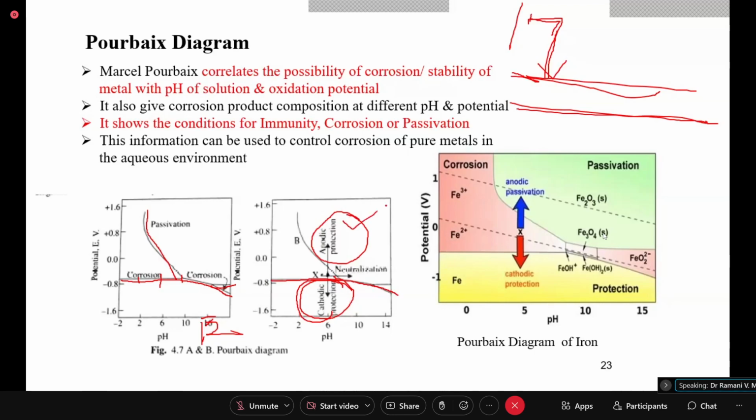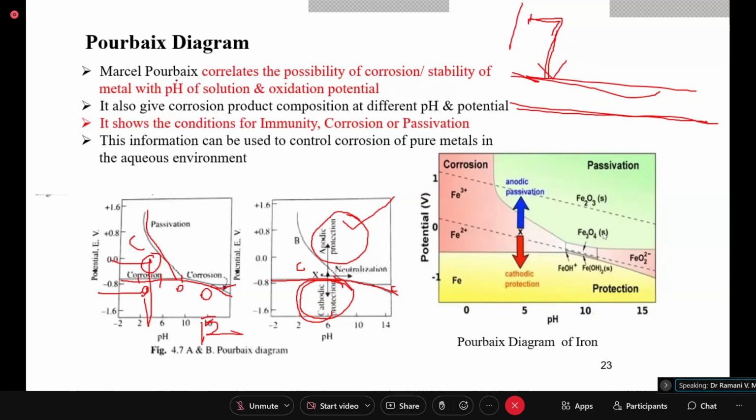This is the anodic protection part, and this is the part of corrosion. These two parts. Okay. So if your metal is at this potential and this pH, it is very sure to undergo corrosion. But if the potential of iron metal is maintained this or this, then it is rendered cathodic and the metal is protected. So that is the Pourbaix diagram.